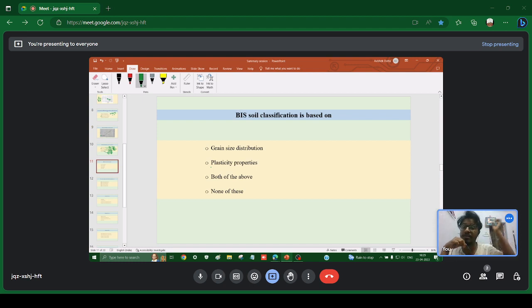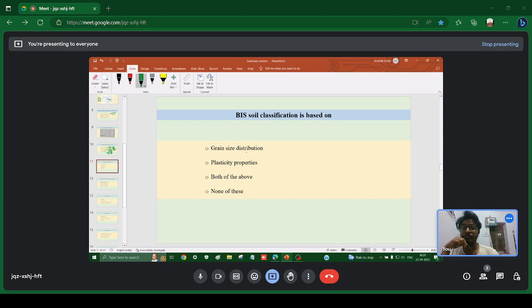Now we go to the grain size distribution. As per the grain size distribution, the Indian classification has strict boundaries, such that clay will have a maximum of 0.002 millimeter, silt will have a maximum of 0.075 millimeter, 75 microns, and then after that start the sands, fine grain, medium grain, coarse grain, then the gravels, then boulders.